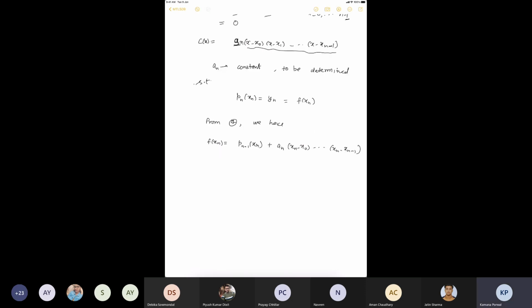Okay, so this gives us that an is f of xn minus Pn minus 1 evaluated at xn, divided by xn minus x0 and the product of all these factors, the last factor in this product being xn minus xn minus 1.